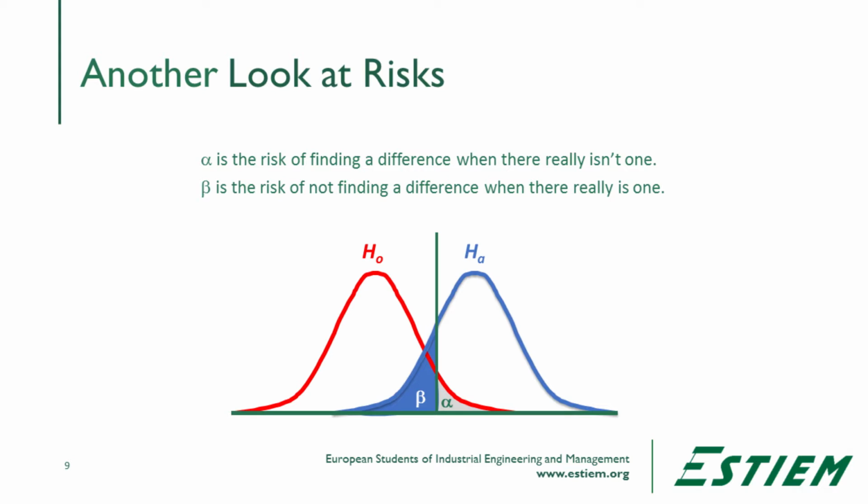Now what we see is, I have two hypotheses here. H sub O is the red distribution, and that is my null hypothesis. That's what I think is happening. And the question is this other hypothesis, the blue one, H sub A, the alternative hypothesis, is it different?